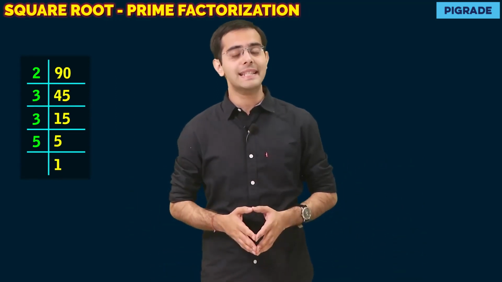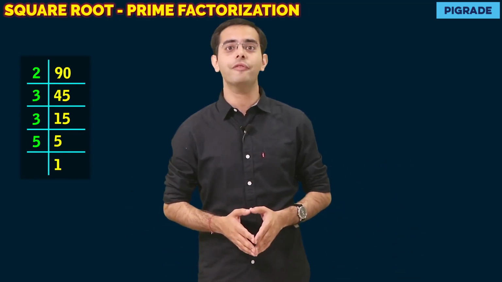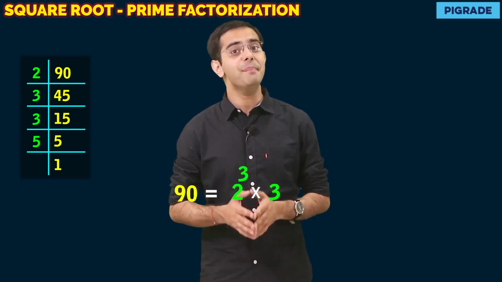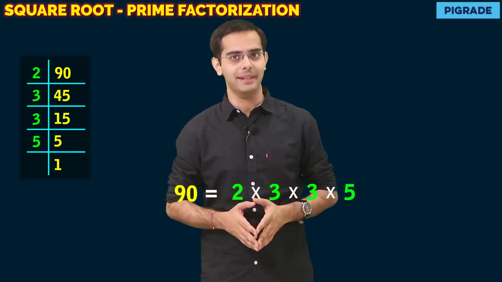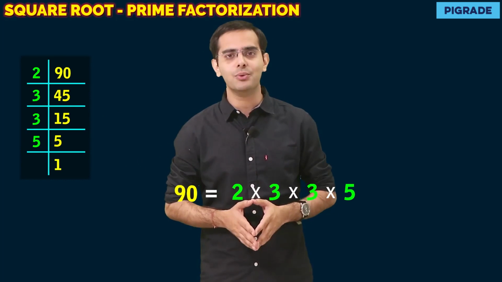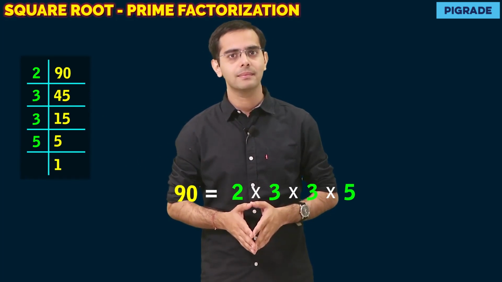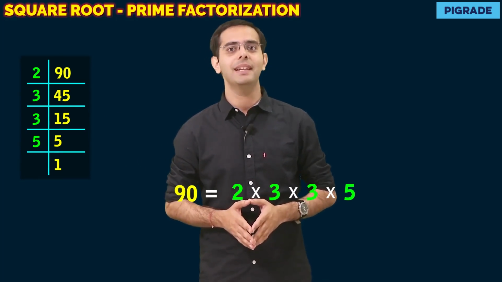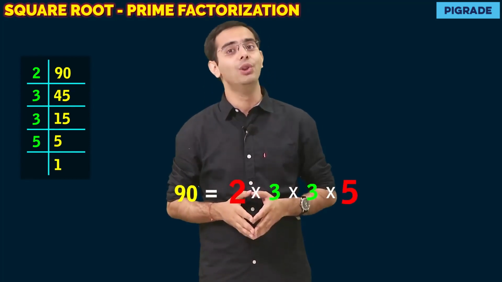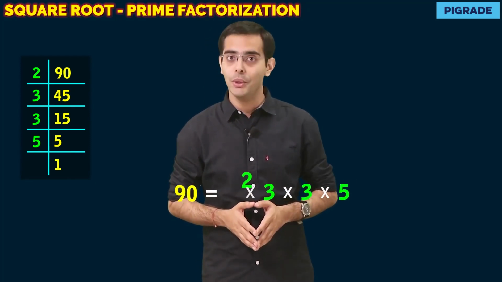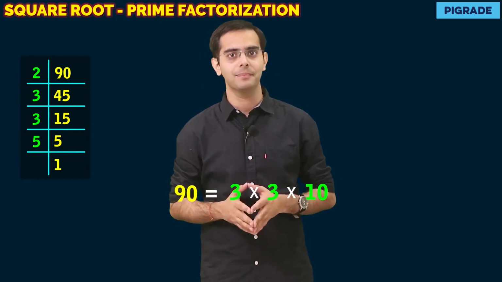Okay, what if instead of completing the pairs of 2 and 5, we remove the numbers that are not in pair? Can we get a perfect square this way? Yes, exactly. Here 2 and 5 are not in pairs, and 2 into 5 is equal to 10.